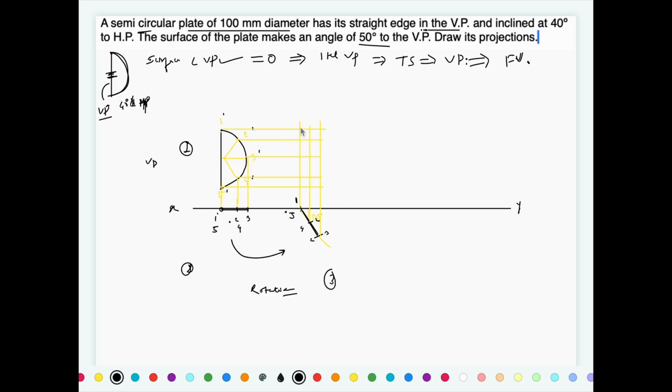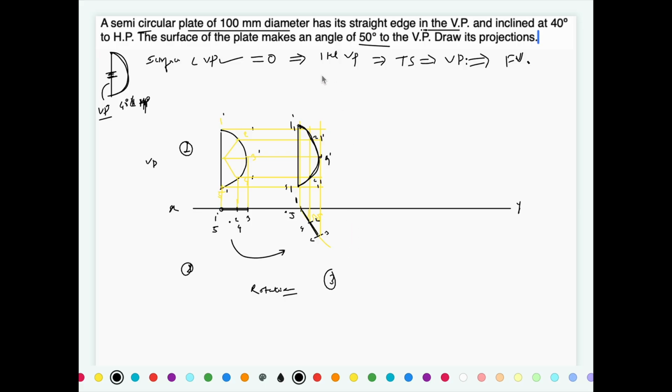Mark the intersection points. So 1 dash, 2 dash, 3 dash. This is the front view, so it is going to be dash. This is 4 dash, and this is 5 dash. This is a straight edge, so connect with a straight line, whereas these points are to be connected with a freehand curve.